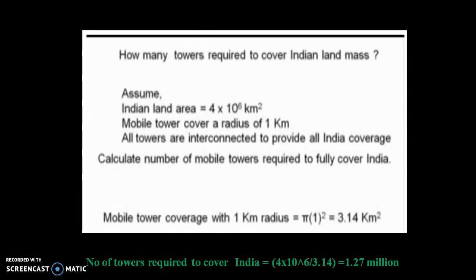This is just for fun. We have to calculate how many towers are required to cover the Indian landmass. To solve this example, we have to assume some data. Let us assume that the Indian land area is about 4 million square kilometer and a mobile tower can cover with a radius of 1 kilometer.